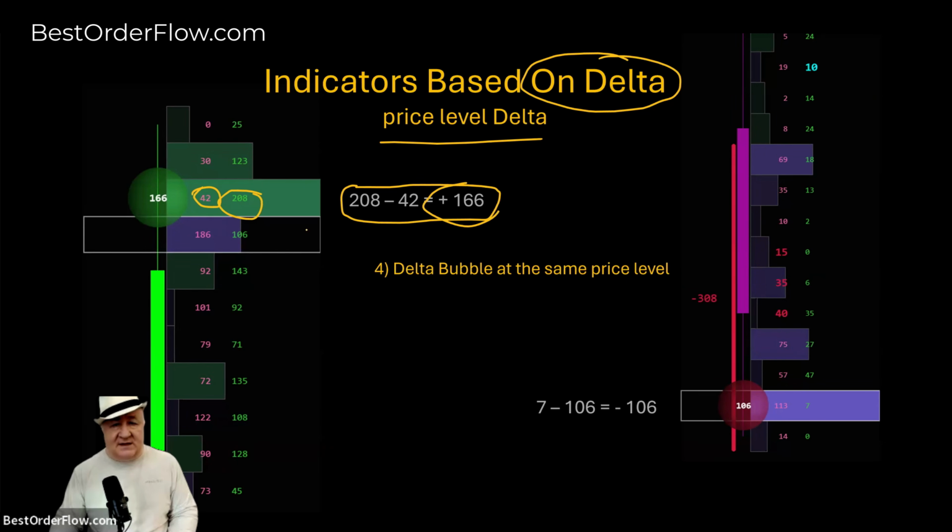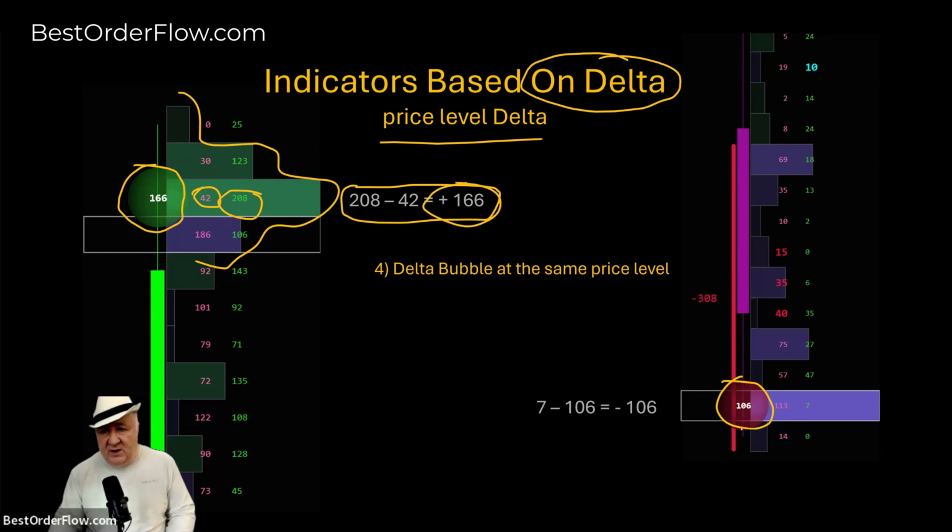Positive 166. You can see the bubble right here, which is market delta, and it gives you that delta right in the bubble. So what is the difference between the footprint reflecting delta like that and the bubble? There's no difference. You see this bubble 106, it is the delta 7 minus 113. You're going to get 106 negative delta.